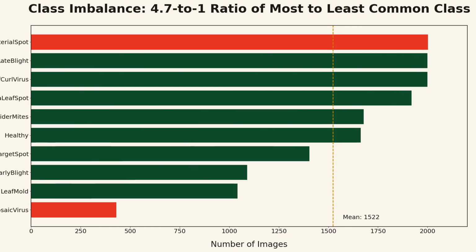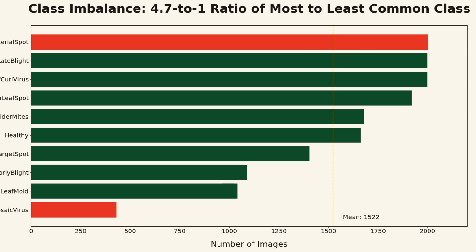The 10 classes span tomato BacterialSpot at 21 images, tomato early blight at 190, tomato healthy at 663, tomato late blight at 20, tomato leaf mold at 142, tomato MosaicVirus at 428, tomato spot at 678, tomato target spot at 678. The ratio between the largest class, BacterialSpot, and the smallest class, MosaicVirus, is 4.7 to 1.